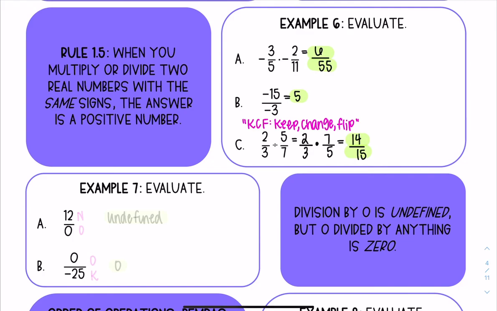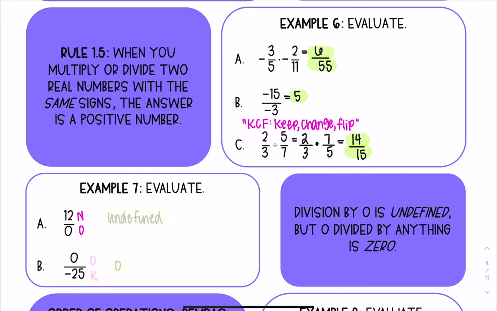Next thing we're going to talk about is division involving 0. So division by 0 is undefined, but 0 divided by anything is 0. And this can be a little bit confusing. So there is a little trick I like to remember. If I have something of the form N over 0, where the 0 is on the bottom, that means this is not allowed.